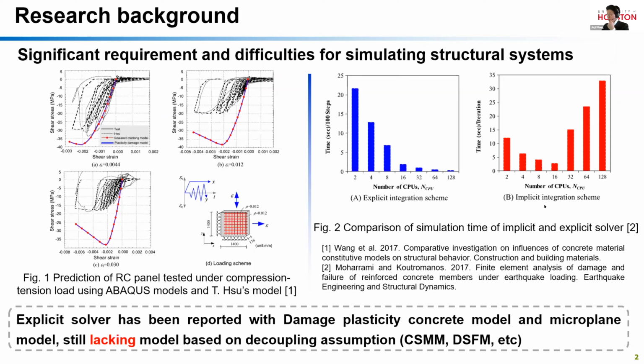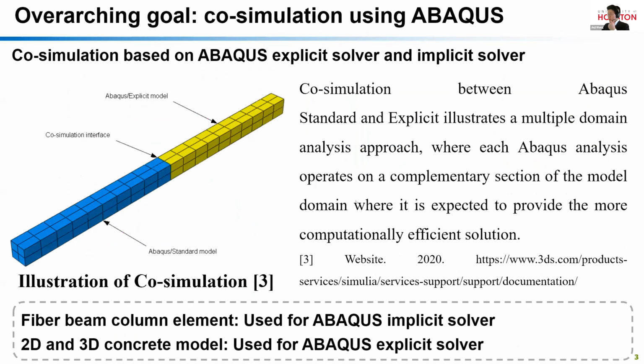However, for the implicit solver, the computation time first decreases, and after reaching 16 CPUs, the computation time increases notably. Therefore, the development of high-fidelity models in both implicit solvers and explicit solvers is required. For large structures, explicit solvers are more highly wanted for the simulation time.